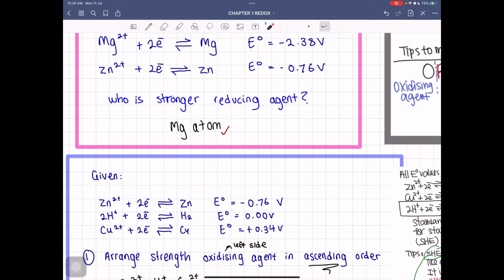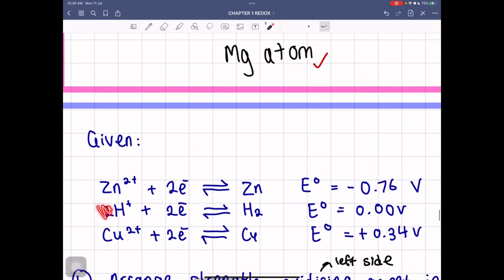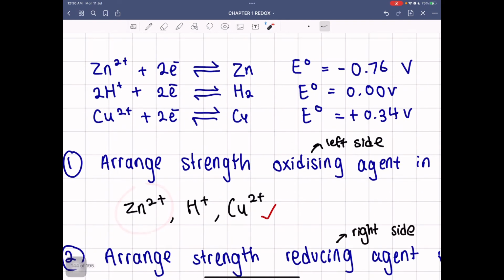So in ascending order, which is the smallest? This one, then the middle one. So 1, 2, 3. No need to write the ratio when you list it down. So it's just the zinc 2 plus ion, then the hydrogen ion, and the copper 2 plus ion.